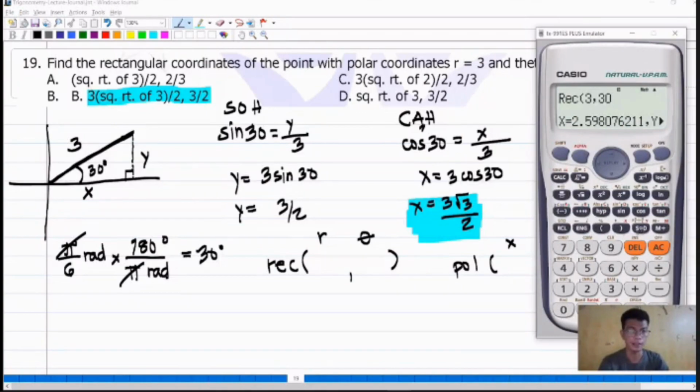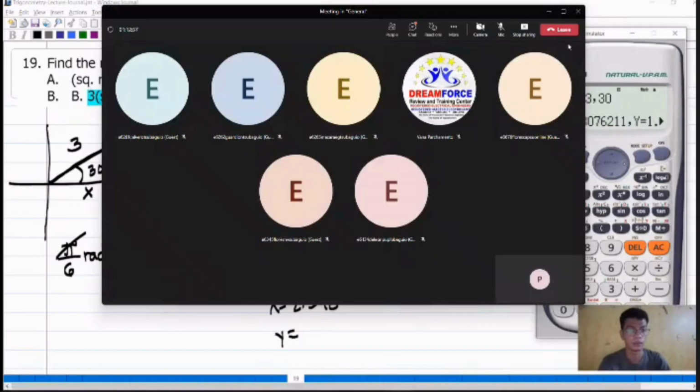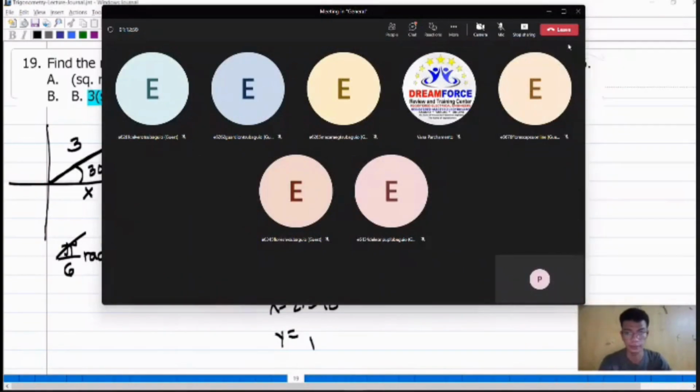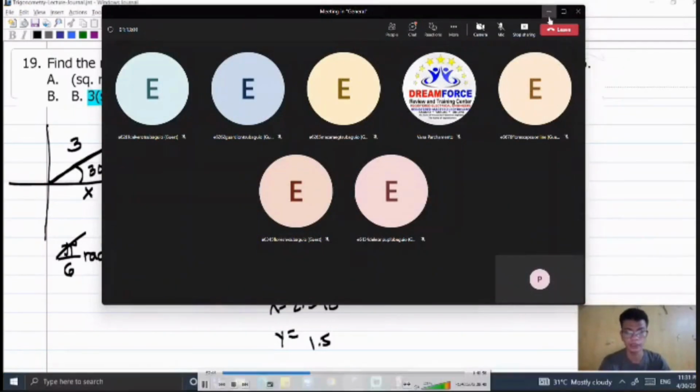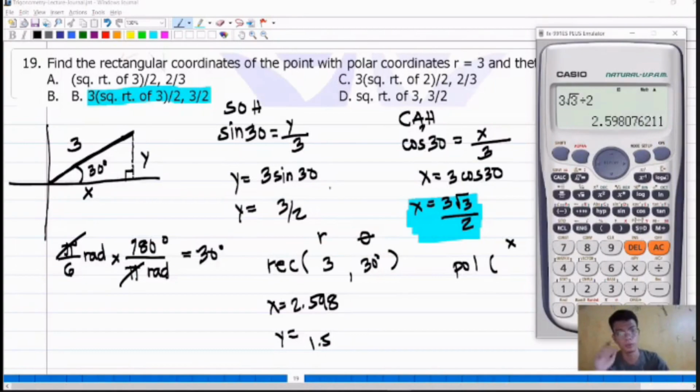The answer for x is 2.598, and y is 1.5, or 3 halves. Let us check that 3 square root of 3 divided by 2 is equal to 2.598.